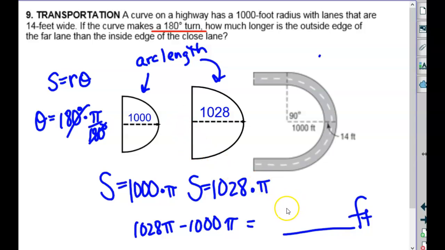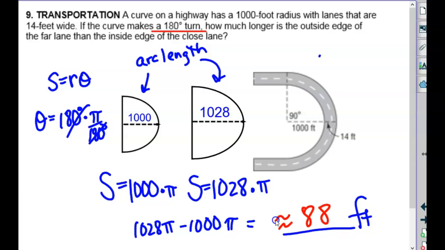I don't care, foot is fine even. 88? You can put to the nearest tenth, but did someone else get that answer? Okay. So that's a lot of distance, right? 88 feet? It's like 30 yards on the football field that you've traveled extra.